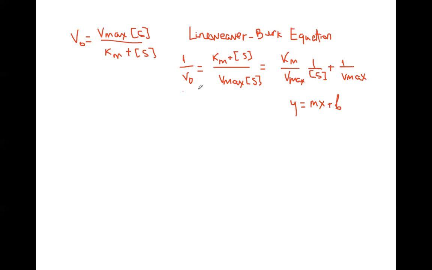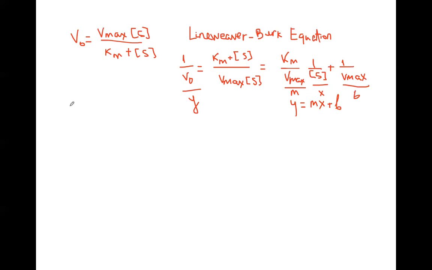So this will be y, right? Km over Vmax will be the m. Reciprocal concentration will be x. And the reciprocal Vmax will be b.